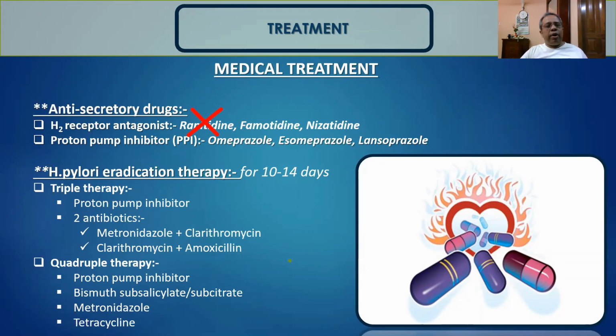Triple therapy includes a proton pump inhibitor along with 2 antibiotics, either metronidazole, clarithromycin, or amoxicillin. Quadruple therapy: proton pump inhibitor, bismuth subsalicylate or subcitrate, metronidazole, tetracycline. These are the drugs to treat H. pylori.